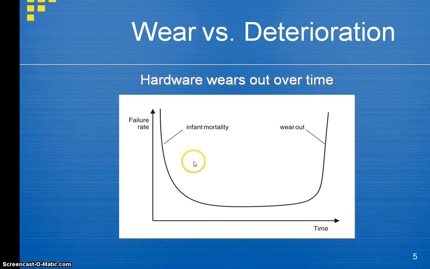And this is the curve which is showing the hardware working. We call it a bathtub curve because the shape is something similar to this. So this is the graph between failure rate and time. Initially there is a high failure rate, so we call it infant mortality.